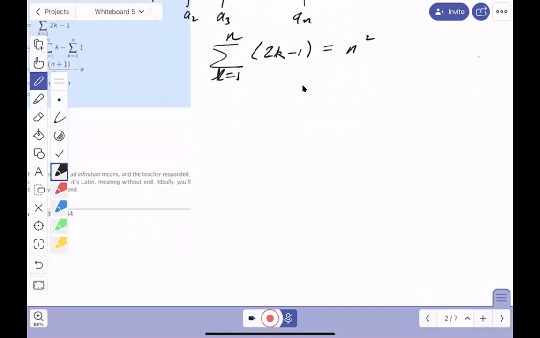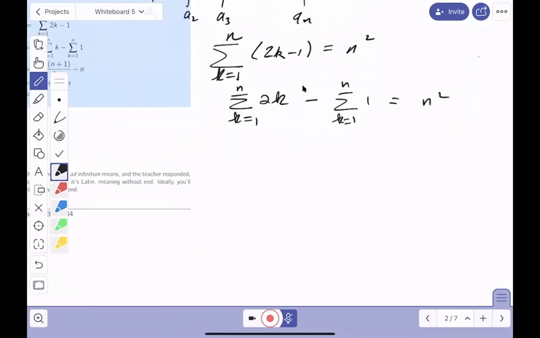So let's keep going. Again, we did sums before. What does this thing divide into? Two terms: the sum of 2k, k equals 1 to n, minus the sum k equals 1 to n of 1. And again, they claim it's n squared.